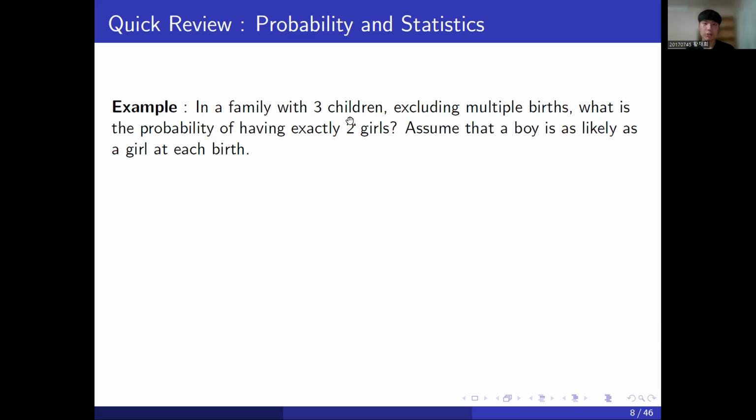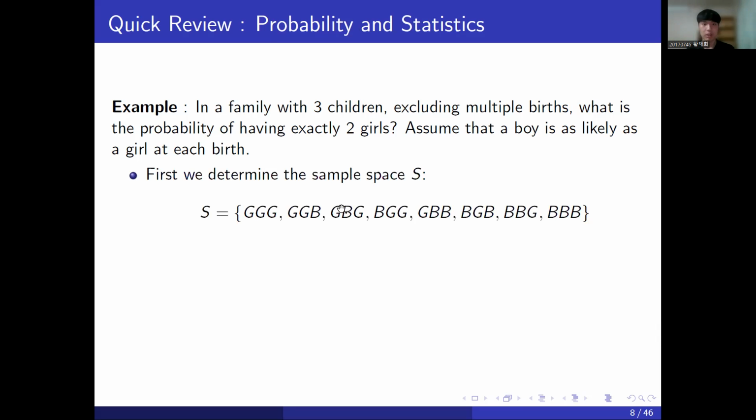In a family with 3 children, excluding multiple births, what is the probability of having exactly 2 girls? Assume that a boy is as likely as a girl at each birth. In other words, the probability of each situation is exactly 50%. So the answer is, first we determine the sample space S like this.